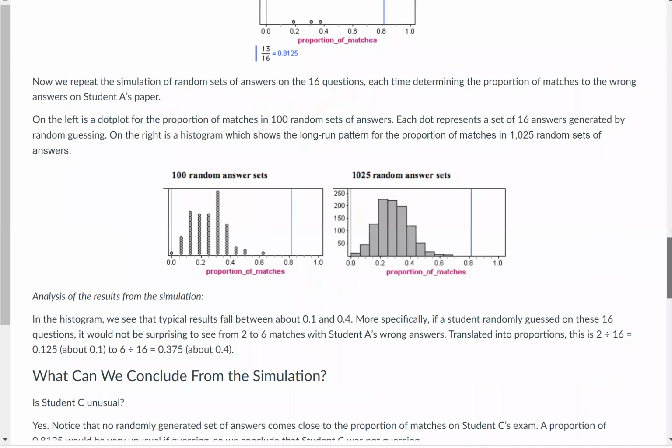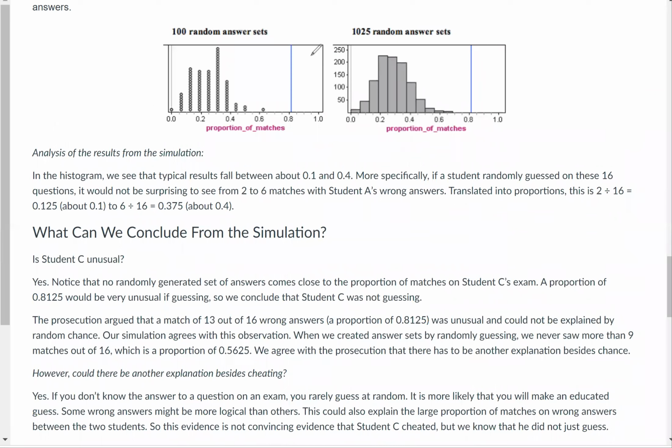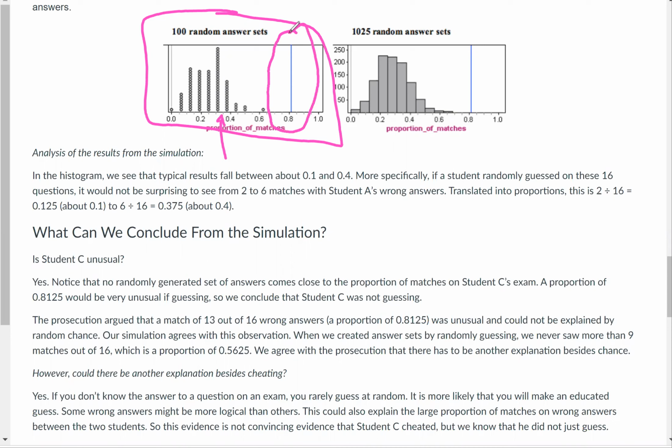Out of 100 random answer sets, we see in this dot plot lots of dots around the maybe 30% match area, but there are none even close to student C's. Student C got 81% matching to student A. The closest one is this dot. It looks like it's about 60-something percent, like 62, 63%. So even after doing it 1,000 times, none were even close to the 80% or 81%.